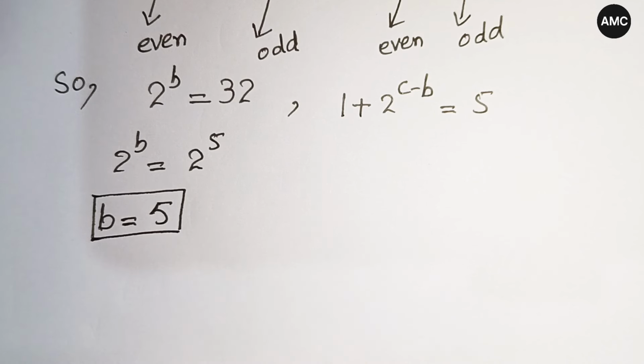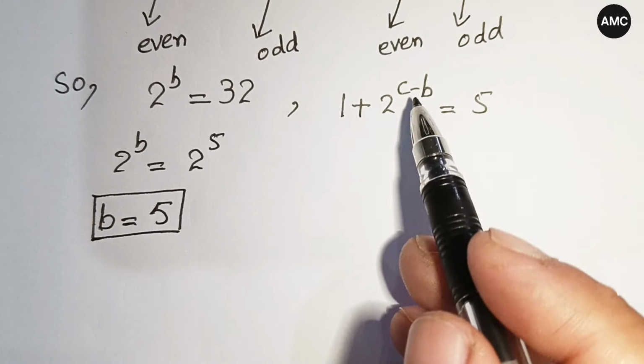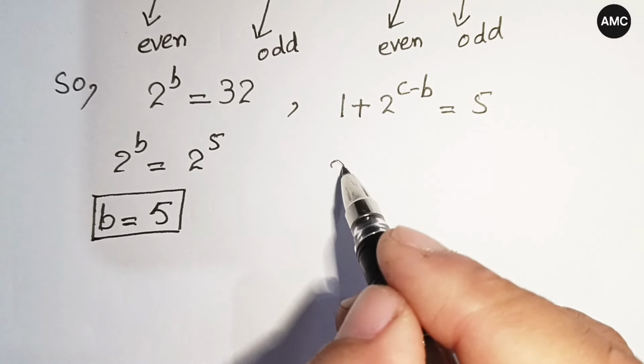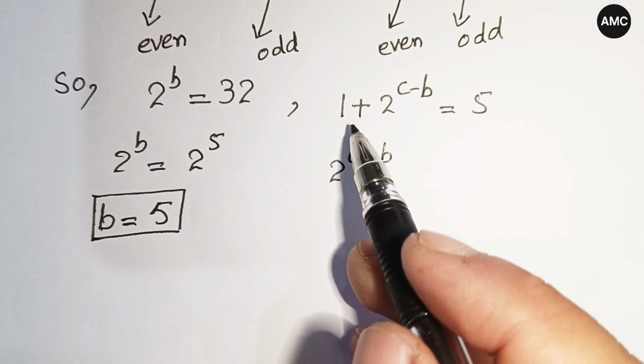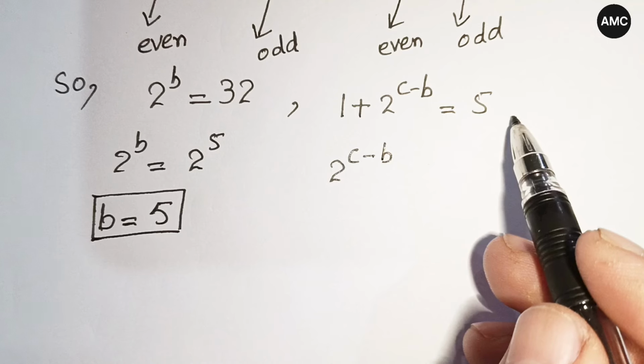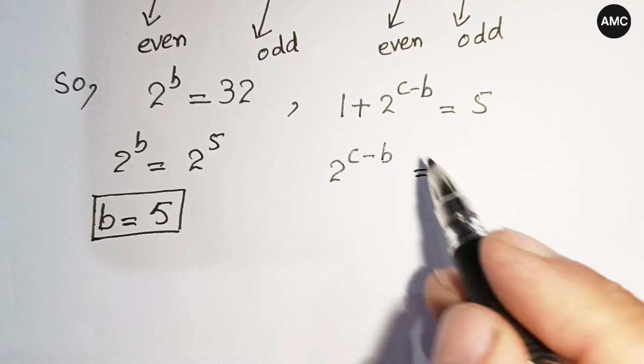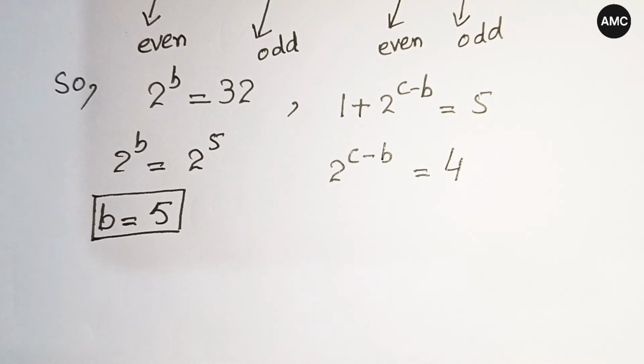Now we have just found out the value of a and b. Now we are going to find the value of c. So here 2 to the power c minus b, here we have 1. So if we shift this 1 to our right hand side, we have 5 minus 1, which is equal to 4.